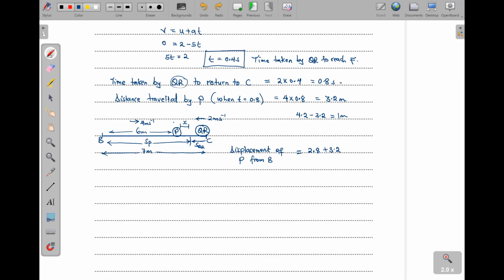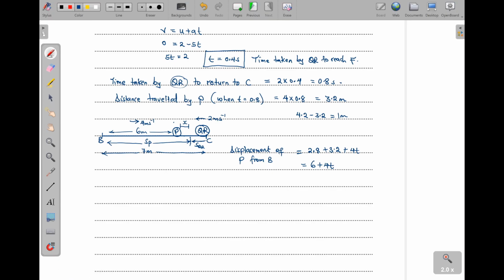So its speed, remember, is 4, times the time. Both of them are here, so this one is taking, let's say, t, and this one is also taking t. So we shall put plus 4t. This one is now going to be 6 plus 4t.